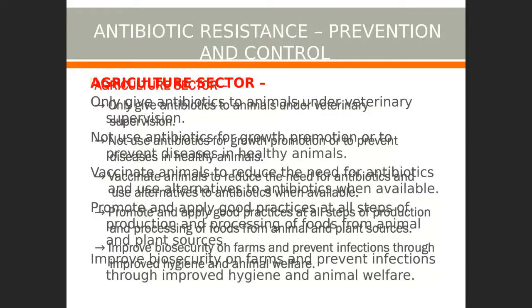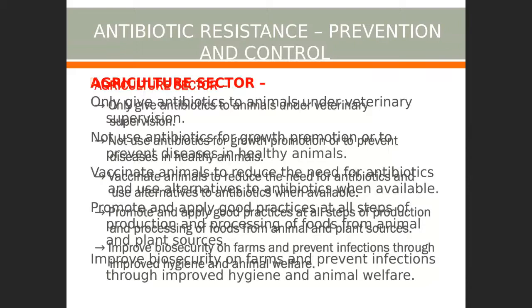Now, why the agricultural sector? What is the importance of these people in antibiotic resistance? Now, we all know that whether dairy products or non-veg things are concerned, in most cases antibiotics are given to the animals in order to prevent infections in the animals.